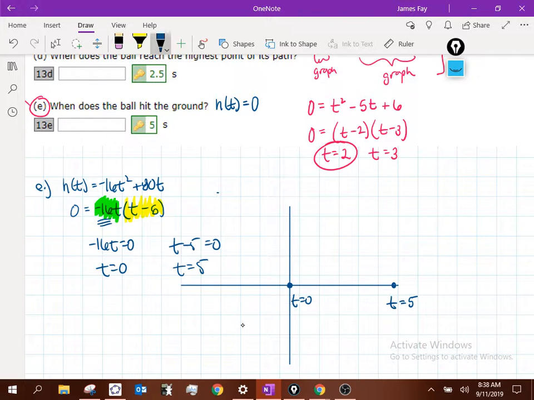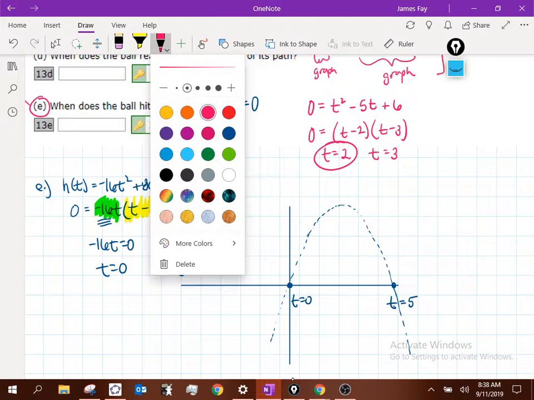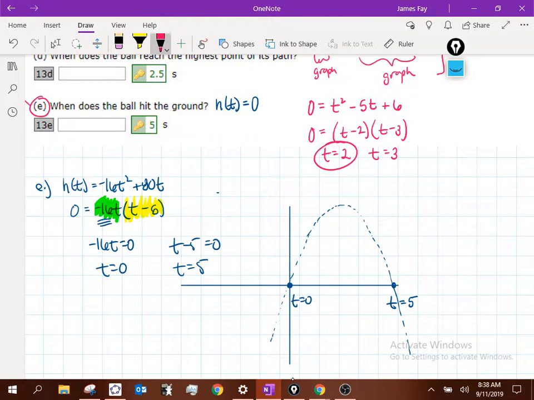But we should know that our parabola is coming up through 0, and then to go back through 5, because it's concave down, right? This negative a tells me it's concave down. So it's going to reach its maximum somewhere, and then it's going to come back down through that, right? Okay?